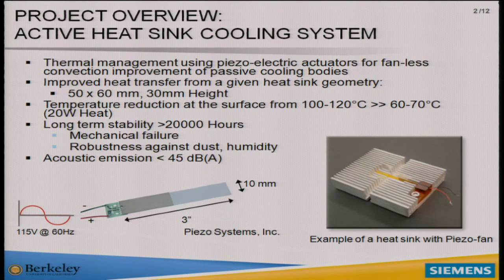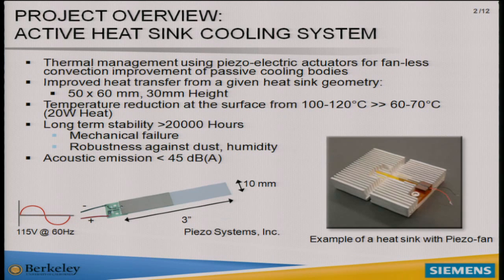Now, these are our project objectives. We've been given a standard geometry, which is about a 50 by 60 millimeter area and about a 30 millimeter height. And we're looking to design heat sinks around this piezoelectric fan, which is this fan right here. This piezoelectric fan works when you have a piezoelectric beam here, and you apply an alternating current.